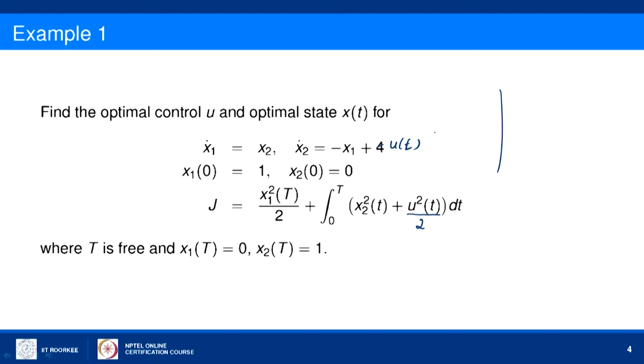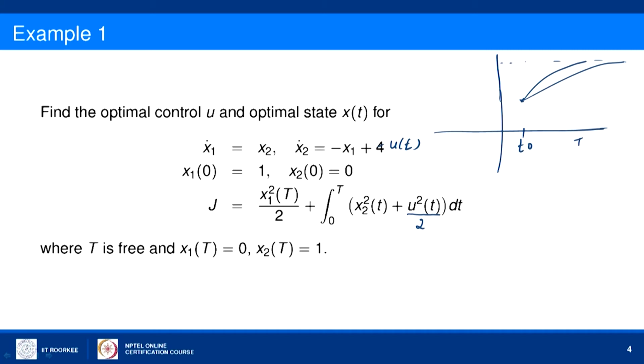So, this is the case in which t0 is fixed and the initial condition is fixed, and the final time T is a variable, but the final value is fixed. For example, it may be a curve of this type. So, capital T is not fixed, it can be any of these values. Here we are drawing just for a one dimensional problem.